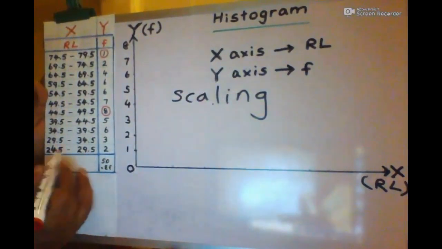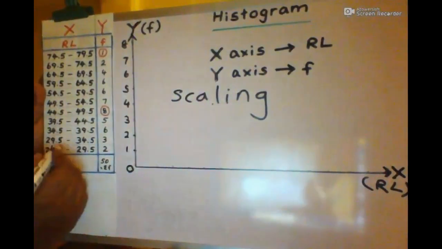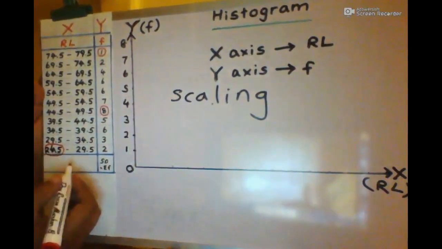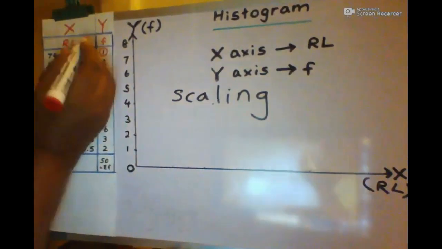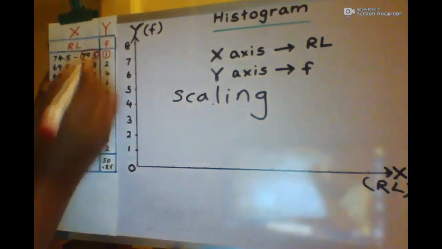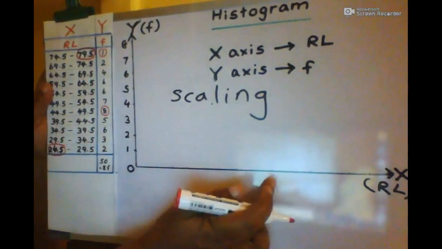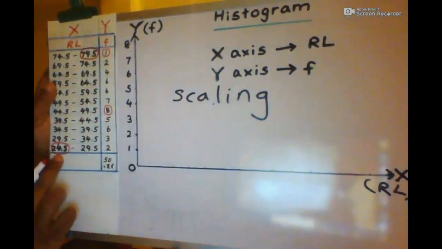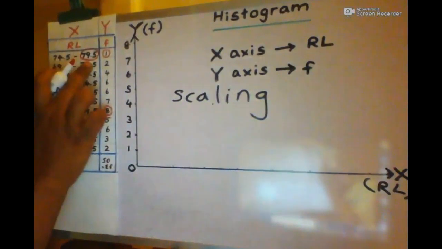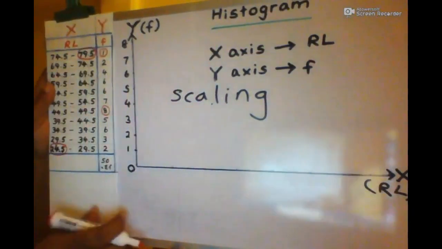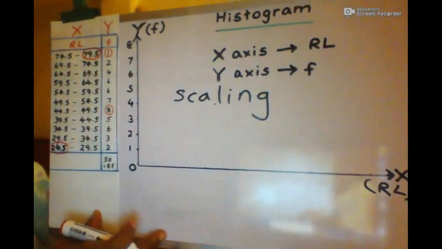No, there's another value here. This is the lowest value. And what's the highest value? 79.5. So when scaling the x-axis, the lowest value should be 24.5 and the highest value should be 79.5.